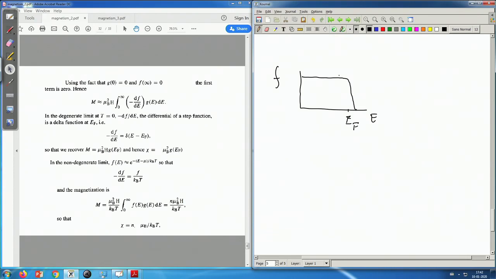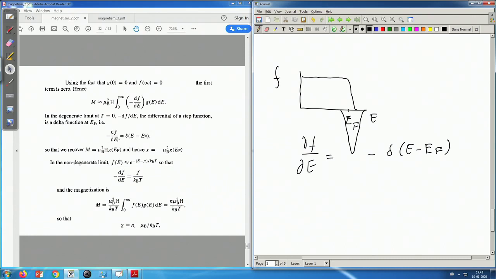So, at 0 temperature for example, this is just a vertical drop. So, del f/del E can be approximated fairly well by a delta function at E_F, and everywhere else it is 0, it is flat, and that is exactly what has been done.